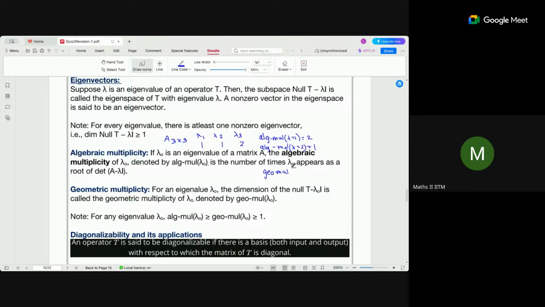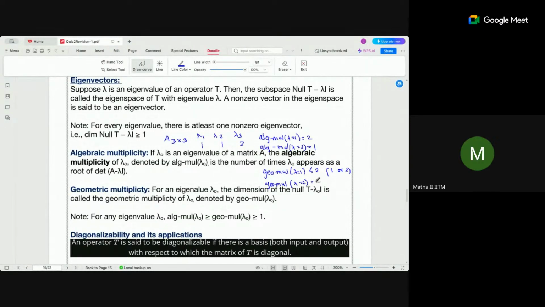Can we say without any calculation? It's not possible to say, right? We can only say that it is less than or equal to 2, so either it is 1 or it is 2. Only these are the possibilities. But can we say the geometric multiplicity of lambda equal to 2? This we can say for sure.